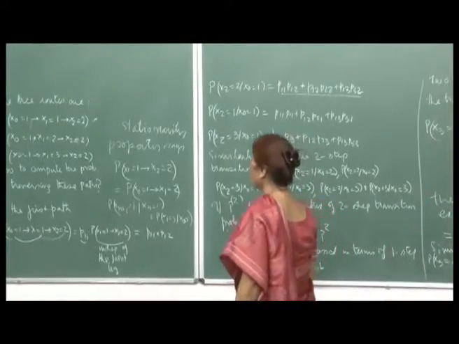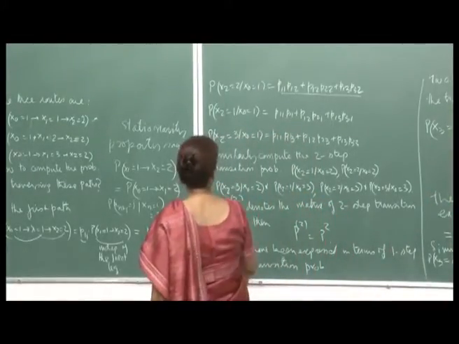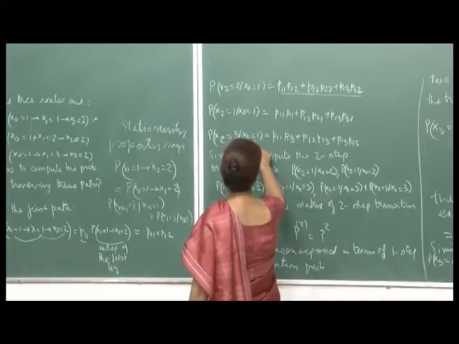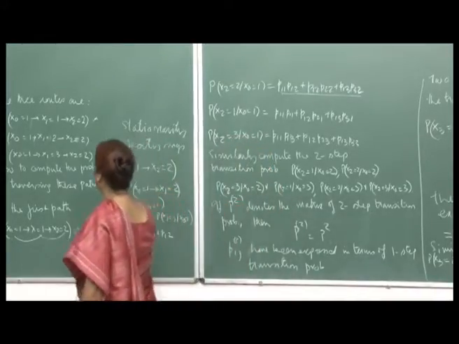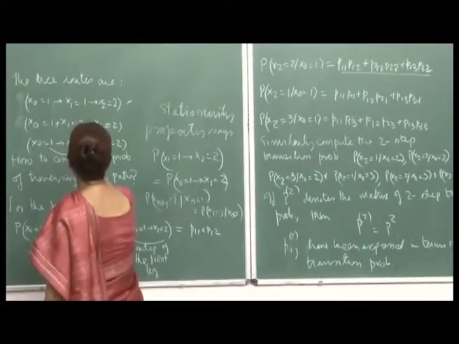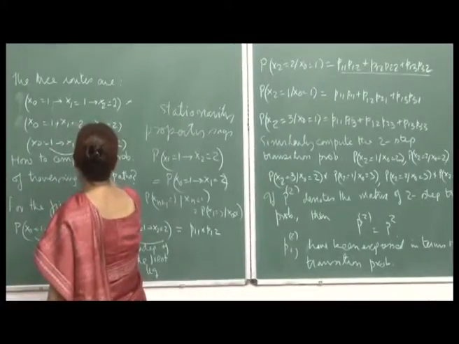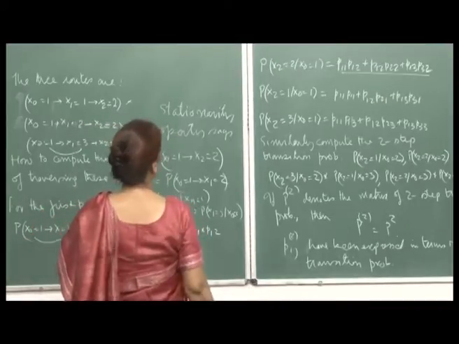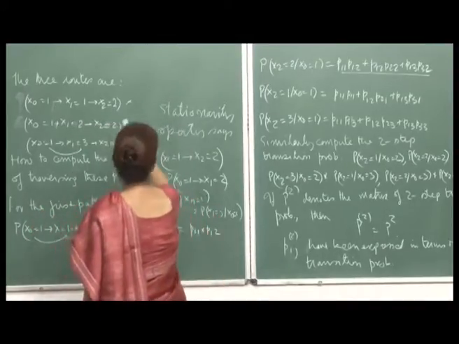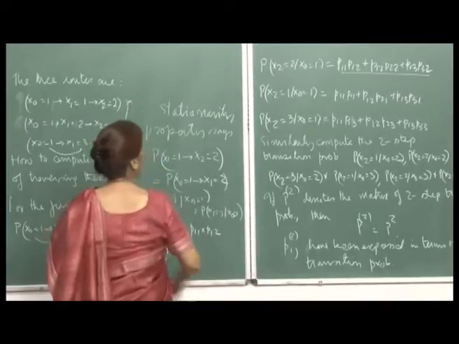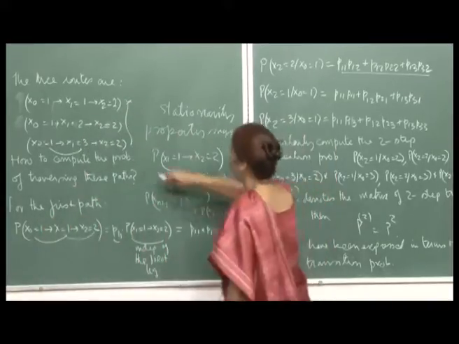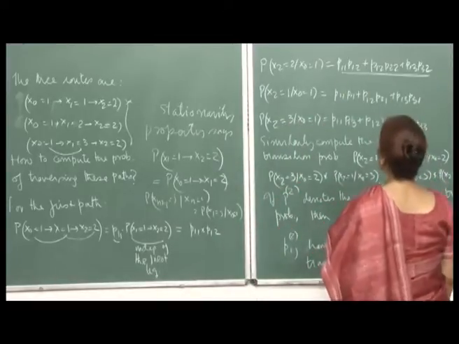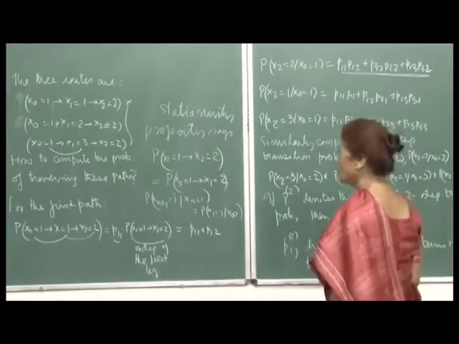P_11, see, okay, I do not know why I am writing this as X_0 is 1, and then you are going to, what is this path? This will be 1 3, and then this will be 3 2. Oh, okay, sorry. These 3 paths together give you this probability of X_0 equal to 1 and X_2 equal to 2.